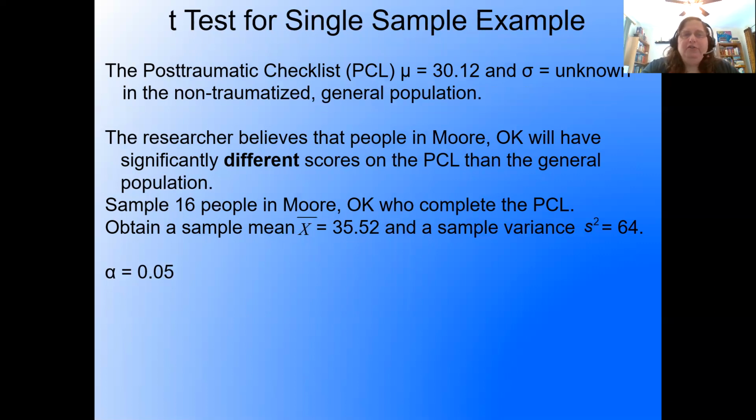Notice this so far sounds very similar to our z-test setup, except our sigma is unknown. Before, we knew our sigma. So we sample 16 people in Moore, Oklahoma who complete the PCL, and we obtain a sample mean X bar of 35.52 and a sample variance S squared of 64. Okay, and our alpha equals 0.05.